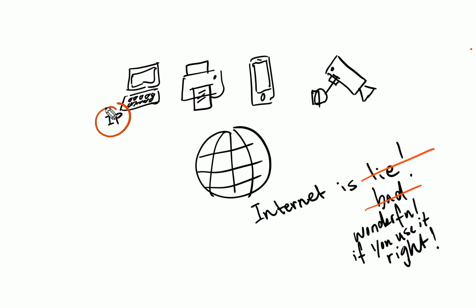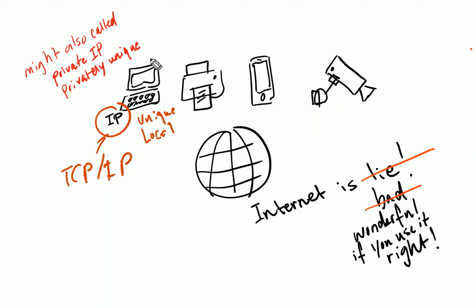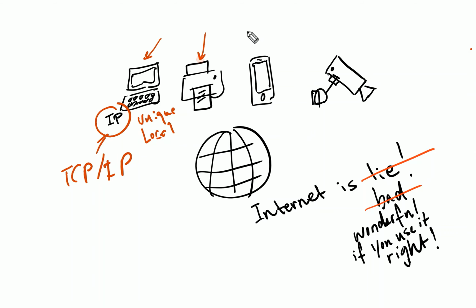This is the most dominant protocol in computer networking, the TCP/IP stack, which gives every machine or host its unique IP, at least locally unique, and every single host shall have its IP in order to communicate on the internet or to communicate with each other.